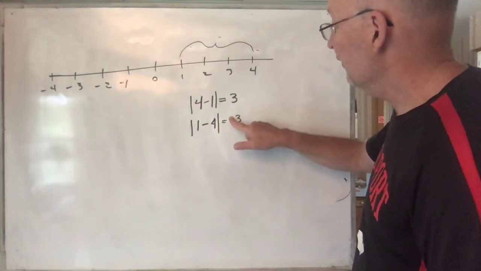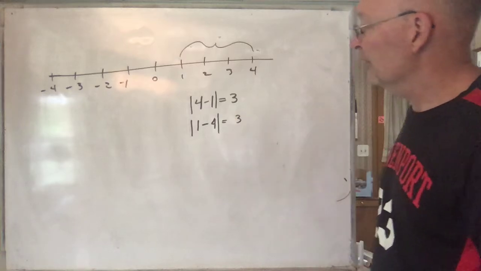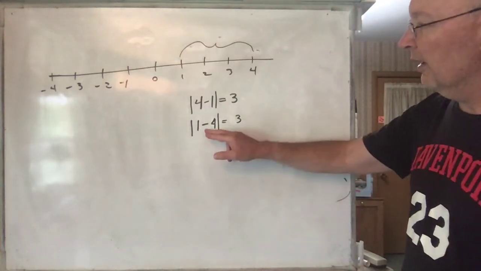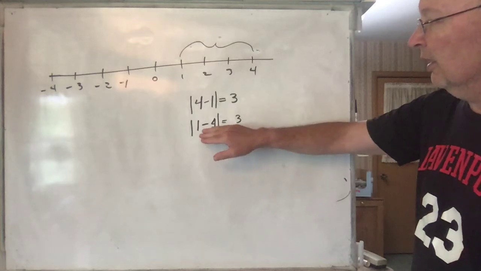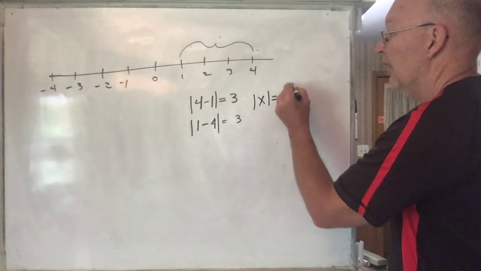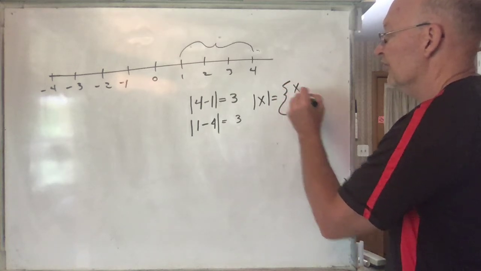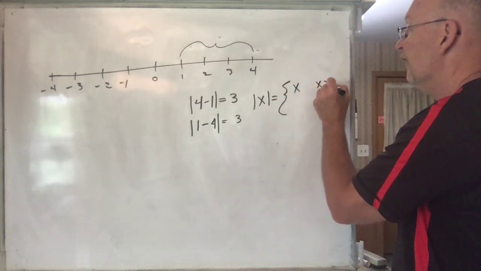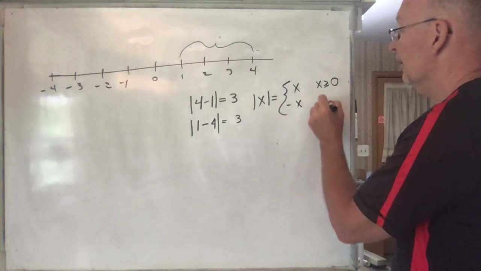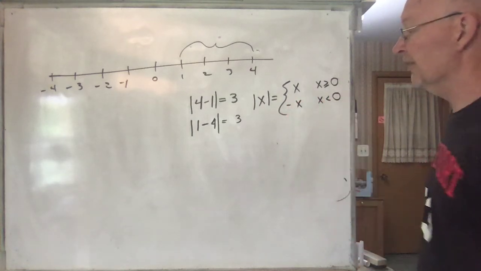If this is negative, you take the opposite of it, and so you still get 3. So the absolute value of a number is just equal to that number if that number is positive, and it's the opposite of that number if the number is negative.